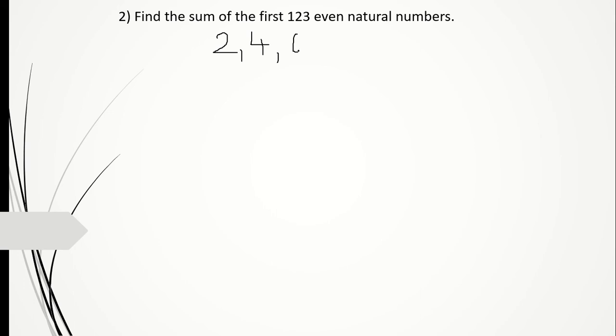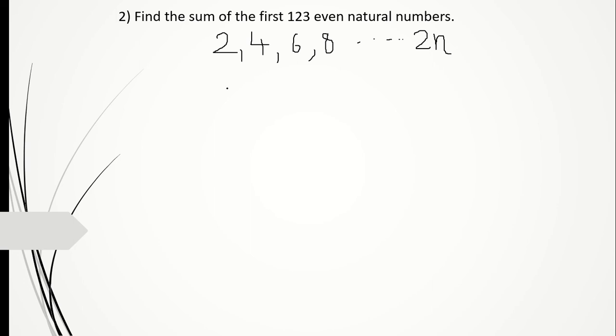So 2, 4, 6, 8, and the last number is going to be n if it was natural numbers. But now since they are even natural numbers, the last number is going to be 2n, because they have said find the sum of first 123 even natural numbers. So last number is going to be some number which is multiplied by 2. What is that last number? That also we don't know.